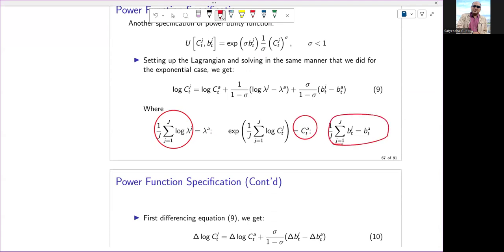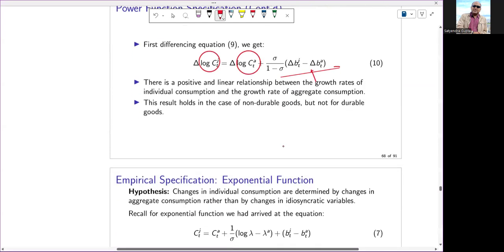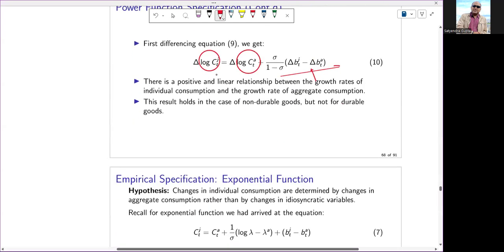And similarly, this coefficient over there. Now do the subtraction, and after doing all these things, you will get the change in log of consumption for individual j is equal to the change in log of aggregate consumption and the rest of the changes happening in the life of this individual j. Okay. So again, we are seeing that the change in log of consumption is positively related to the change in log of aggregate consumption.